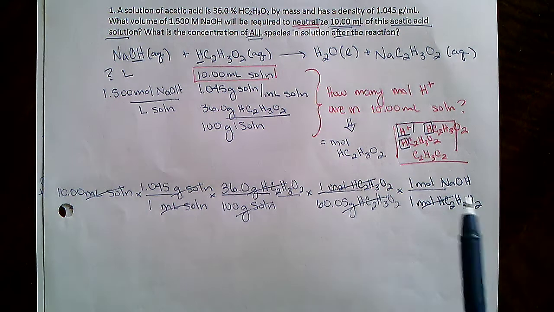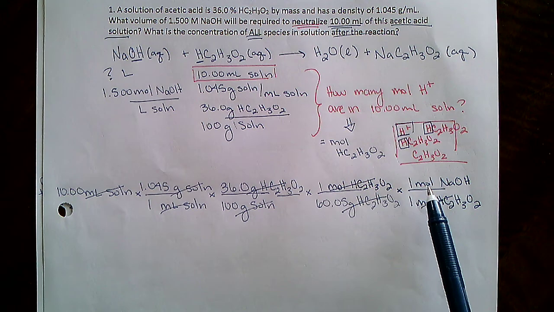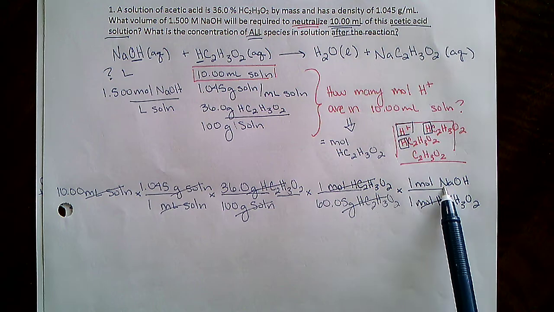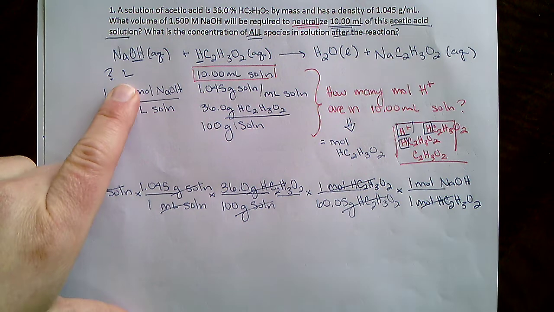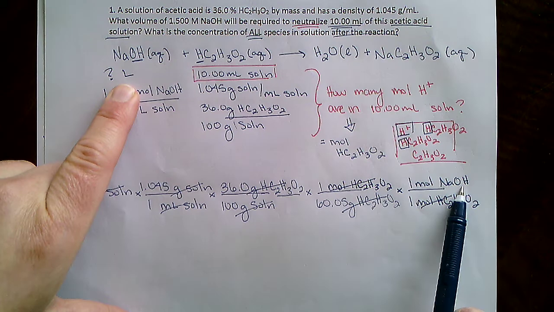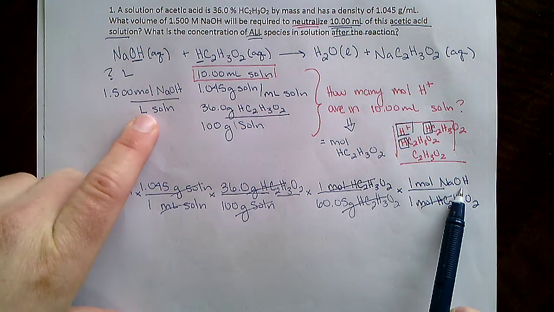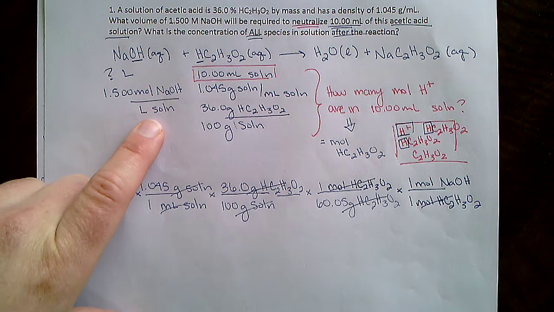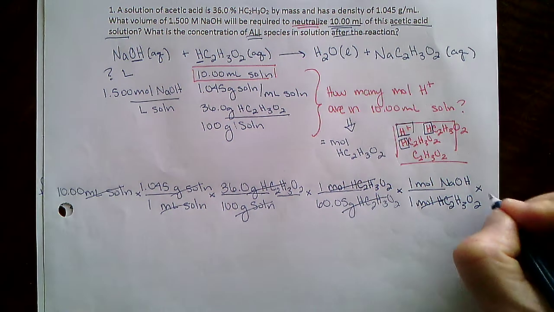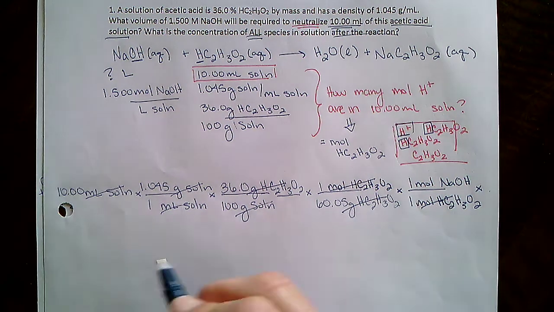Last thing is they wanted to know how many milliliters, or liters. They didn't really specify. So how do we go from moles of NaOH to liters of solution? It's the molarity. Imagine that I had more space. I'm just going to write it down here.